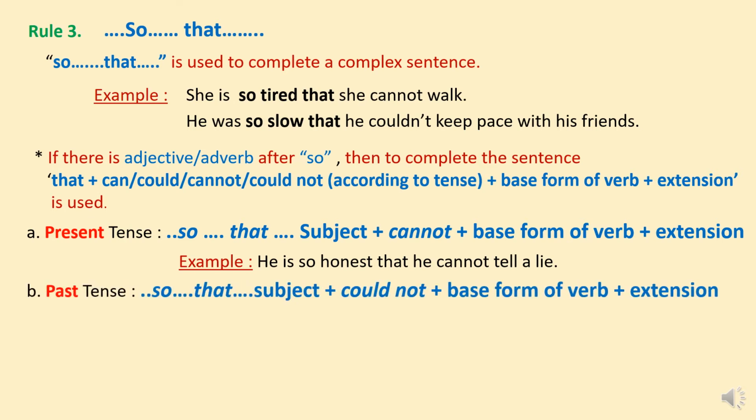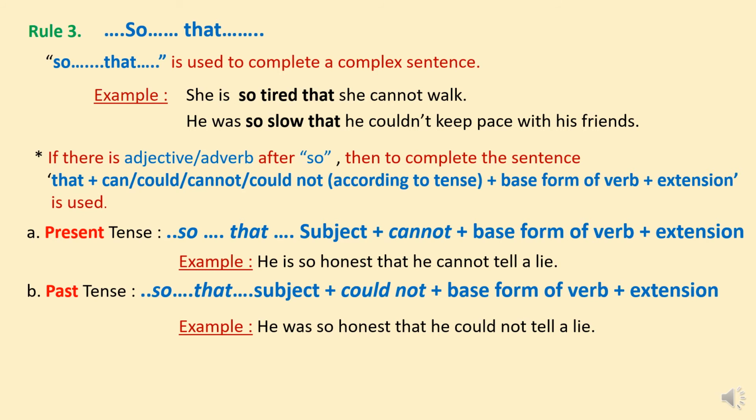Again, if the first clause is in past tense, then so plus that plus subject plus could not plus base form of verb plus extension is to be followed. Example, he was so honest that he couldn't tell a lie.